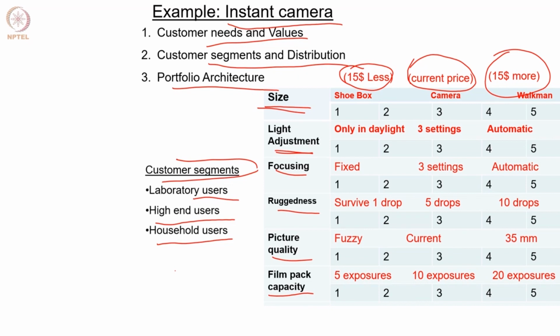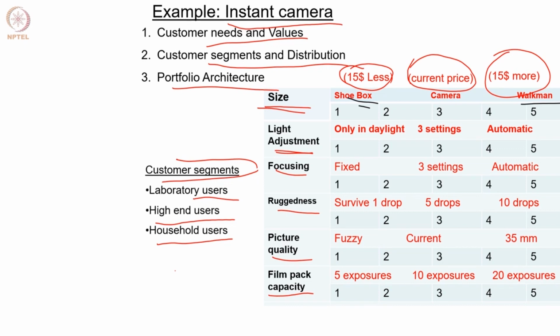And ask the customer, what will your values be? Now, if you say size, would you like a very small one, or a big one, a shoe box size, or a small Walkman size? So, they know that if they go for this, they have to pay extra, and if they go for this, the price will be less compared to the existing one. Then you get the value from the customer.